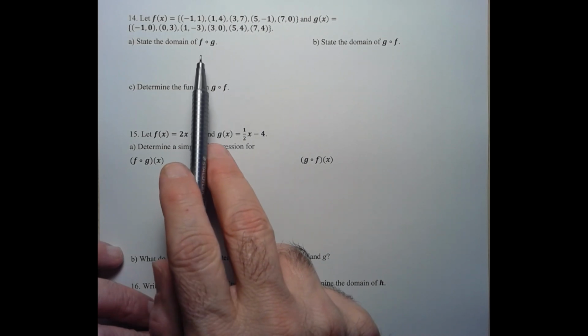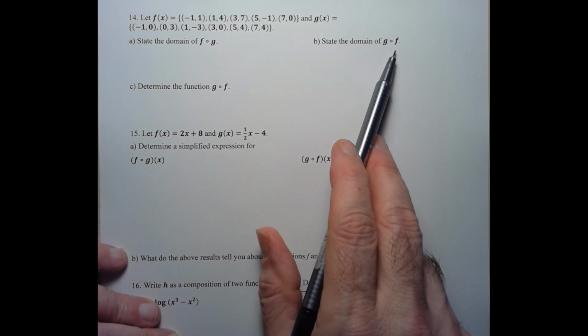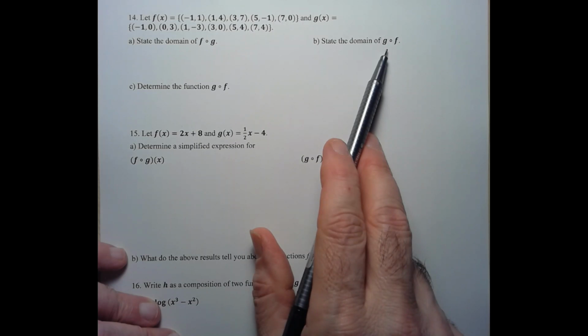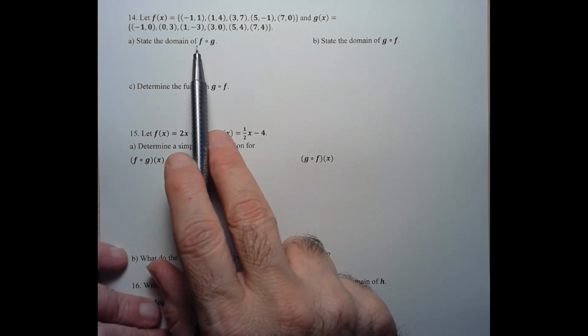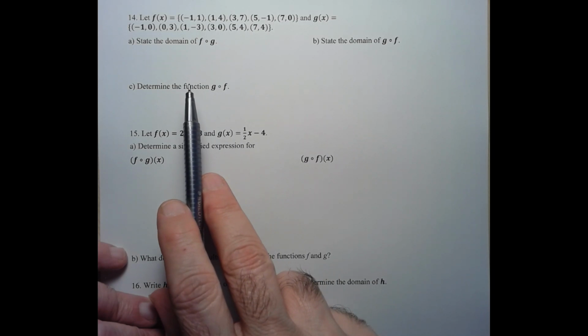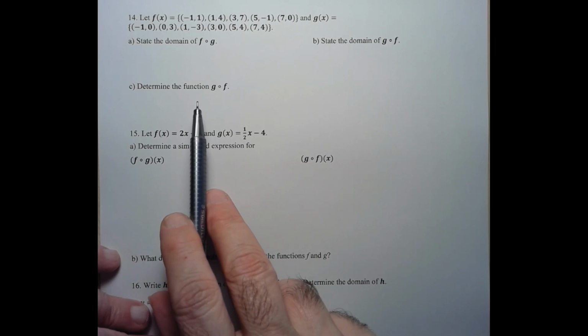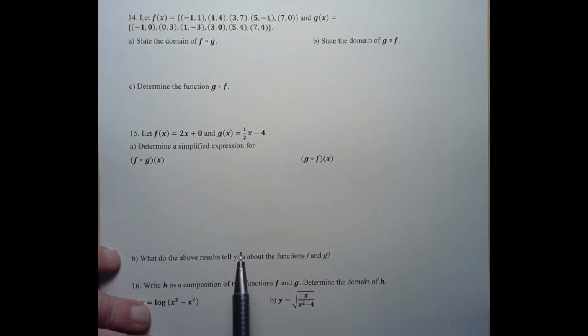So first thing, I'm asking you for the domain of f circle g, g circle f. I would not expect those to be the same. Since I'm asking for the domain, I'm asking for a set of numbers. Here, I'm asking you for the actual function g circle f. So I'm expecting you to give me a set of ordered pairs.